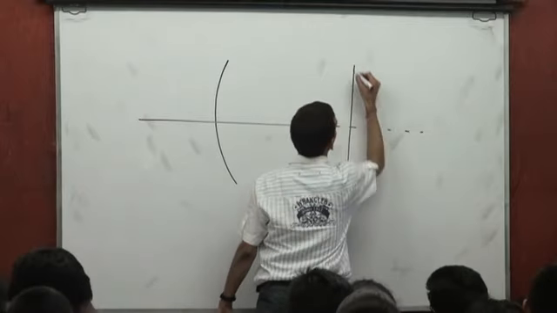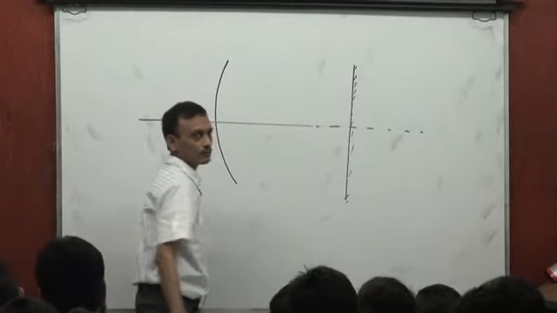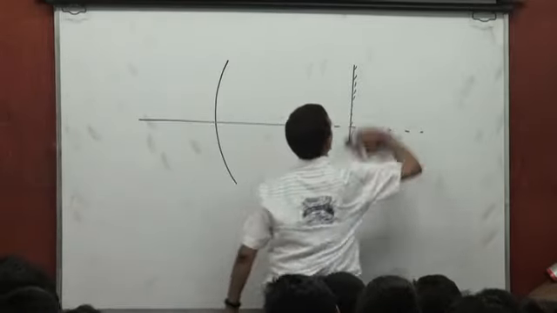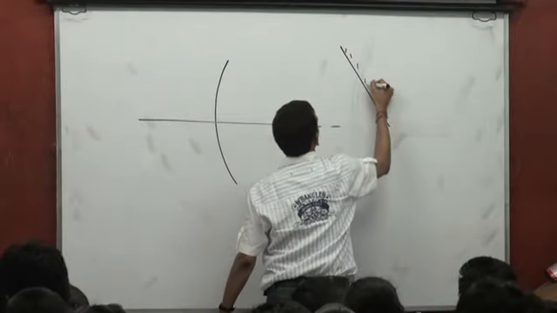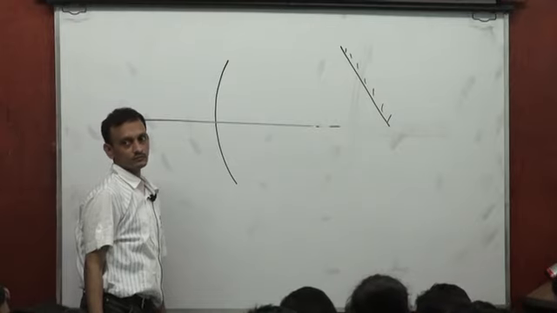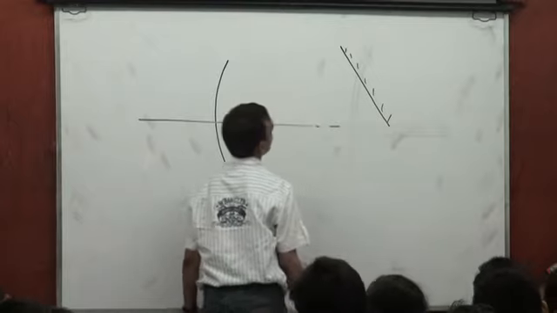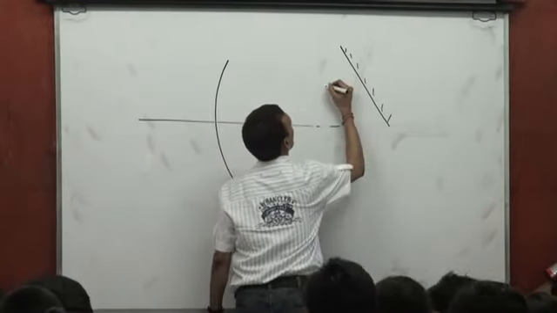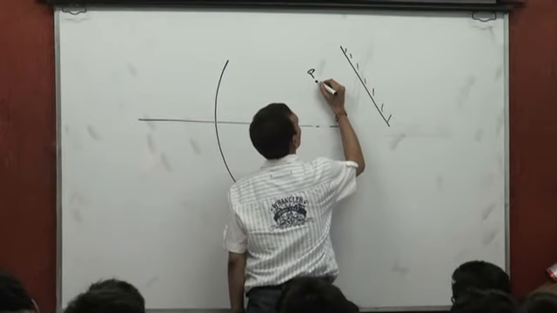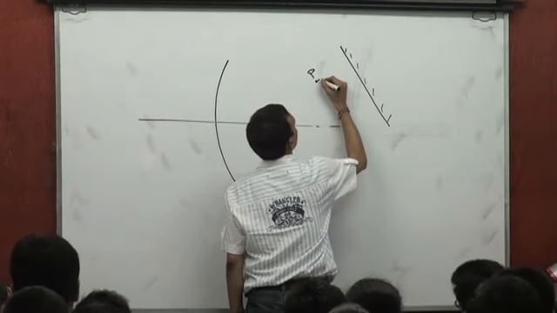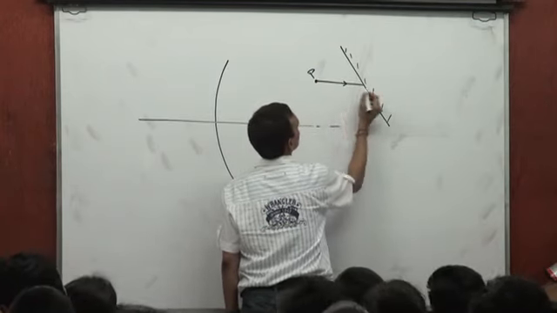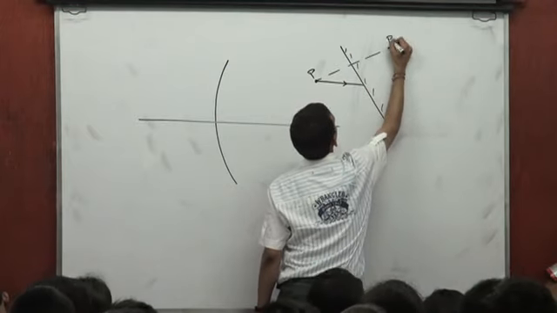Plane mirror, for example. There's an object P here, and its image is P prime here.